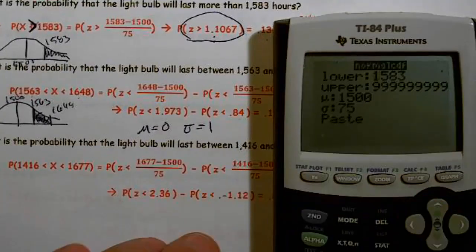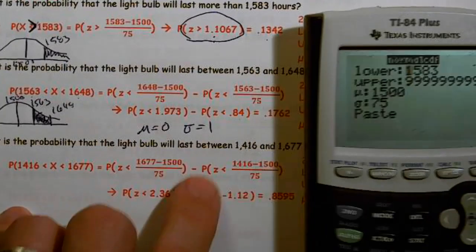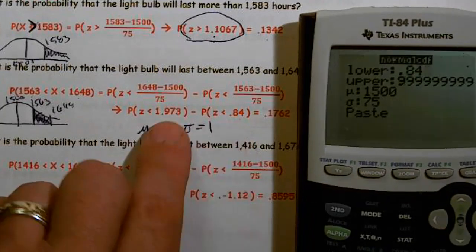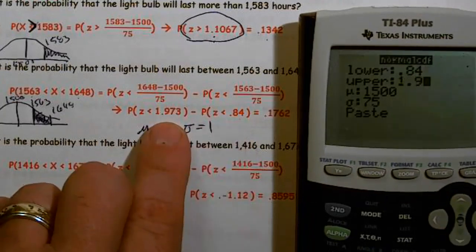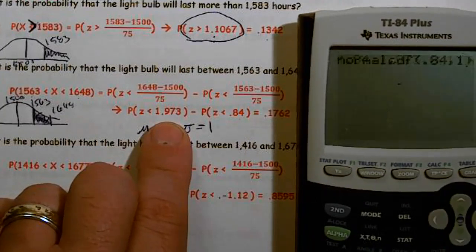Our lower z-score was 0.84. Our upper z-score was 1.973. Our mean is 0, standard deviation is 1.